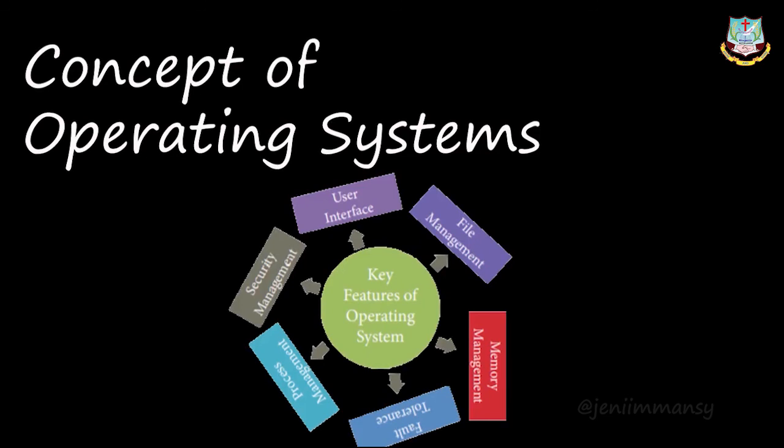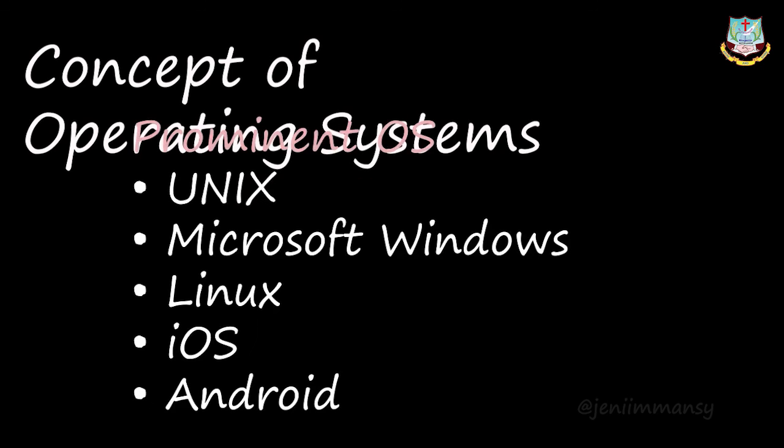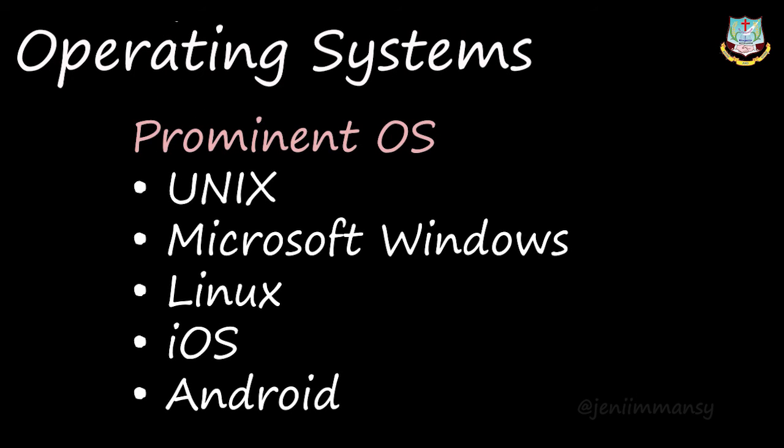Fault tolerance, process management, security management, user interface, file management and memory management, right? At last we have seen the important operating systems also, right? Unix, Linux, Windows. Windows is Microsoft Windows. iOS is Apple's iOS, and Android.